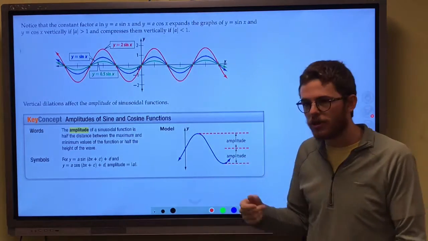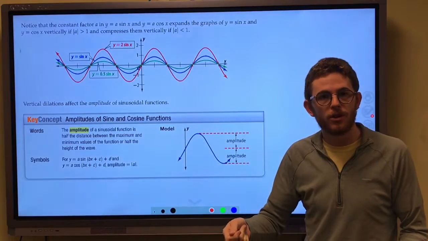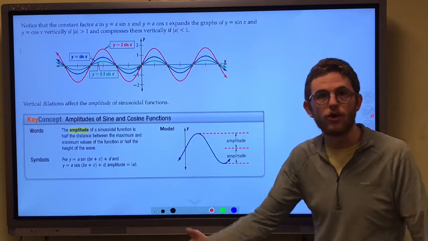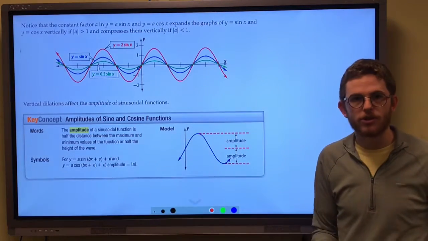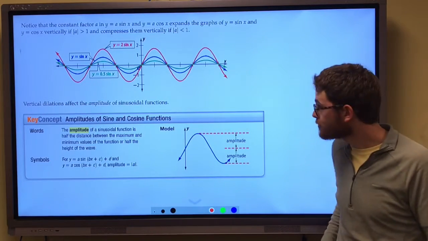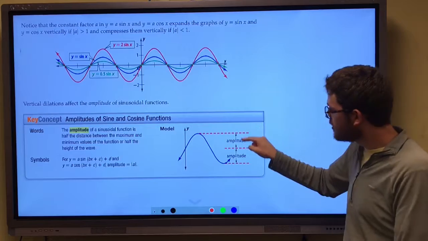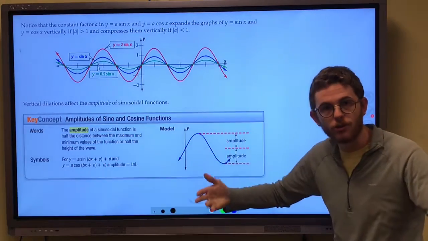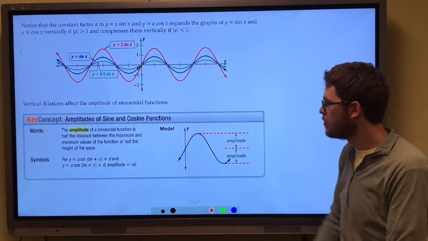We called that, when we were talking about sinusoidal functions, the sinusoidal axis. Okay, so now this could be a cosine function or a sine function, but think about the amplitude as the distance between the sinusoidal axis and either the top crest or the bottom crest.